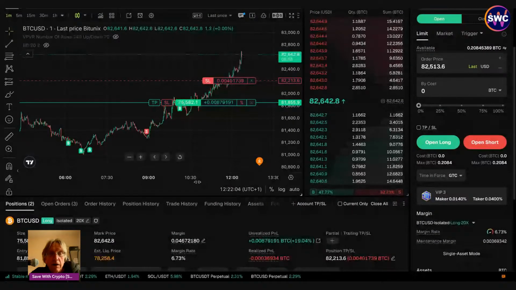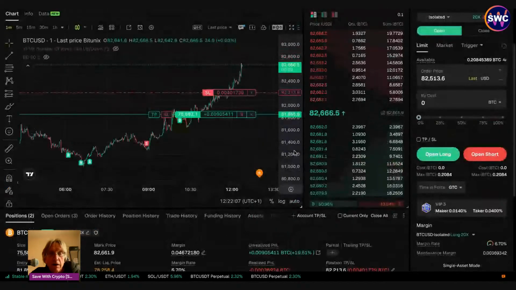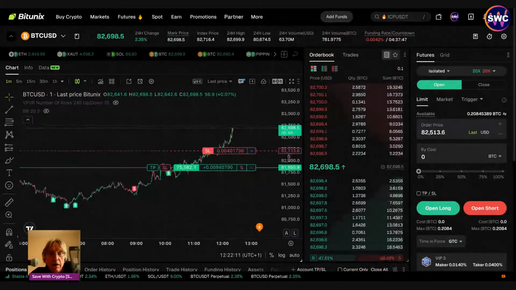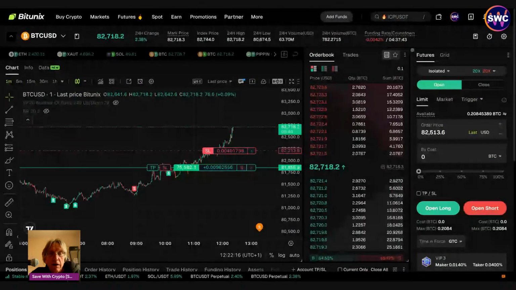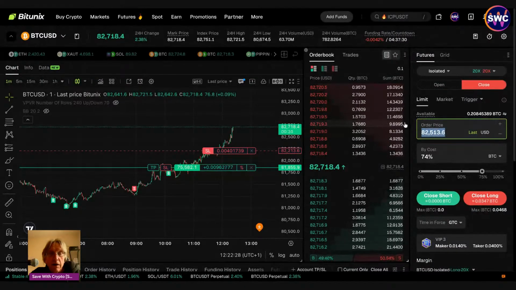Okay. So this one here, yeah, I think so. I think I'll take like half. No, three-quarters. Let's close about 3/4 of the trade there at 83,400. Close long. Okay.